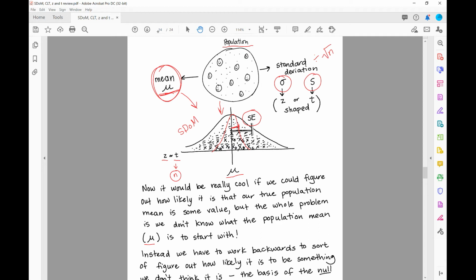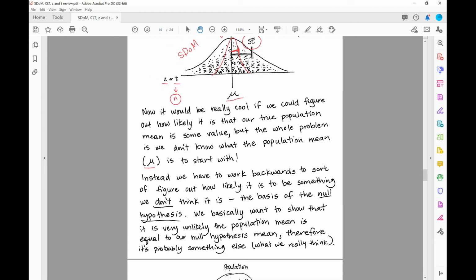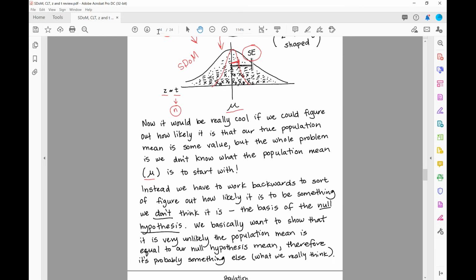Just like when we were talking about who is Tim? Is it the guy on the left or the guy on the right? Well, we don't know if everybody ever answered that question. We don't know what that true population proportion would be. So we have to work backwards. And this is why this way of thinking is so hard, because again, we're going backwards here.